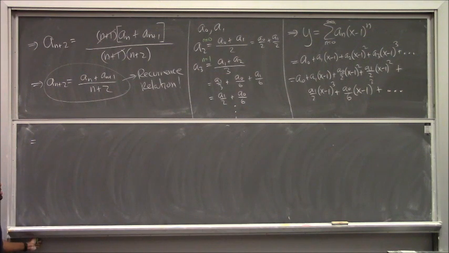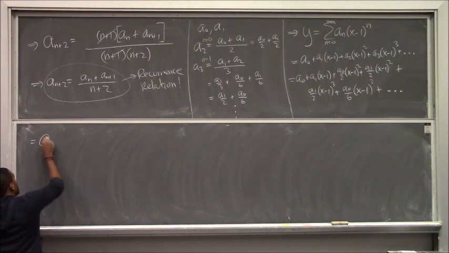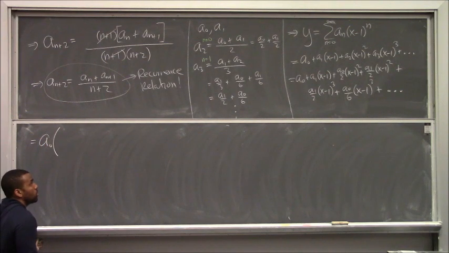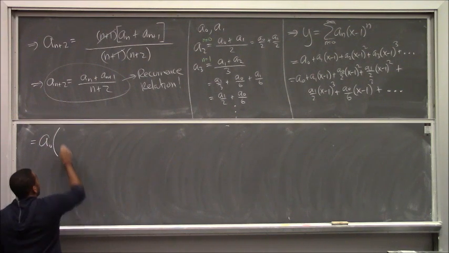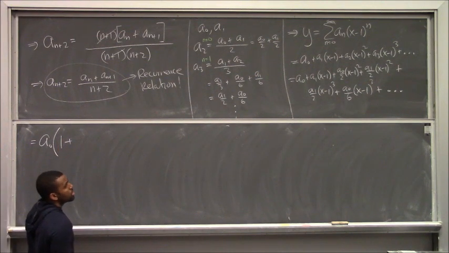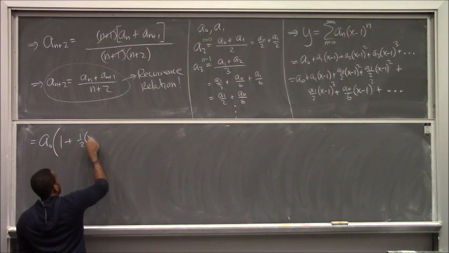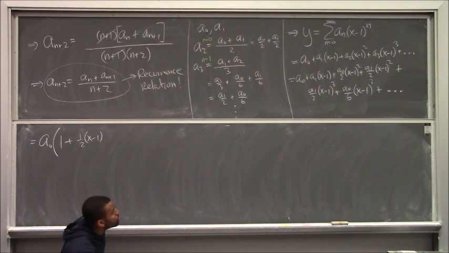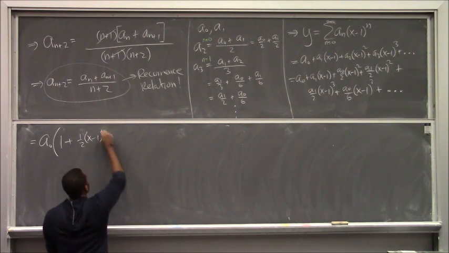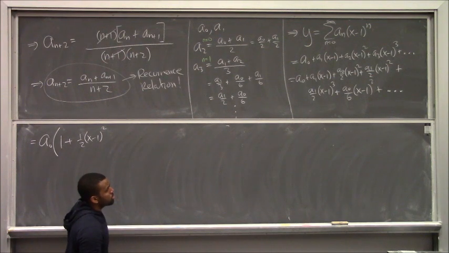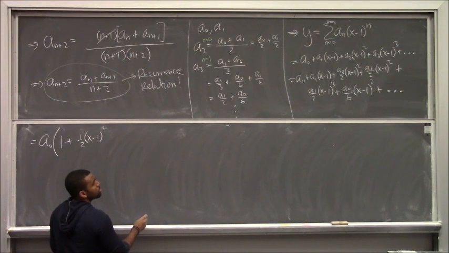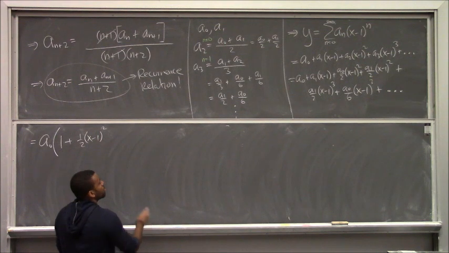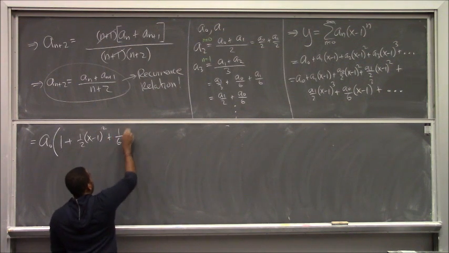How do you find the 2 linearly independent terms? Well, you separate the A0s and the A1s pretty much. So what's attached to A0? 1, plus 1 half times (x minus 1) squared, plus 1/6 times (x minus 1) cubed.